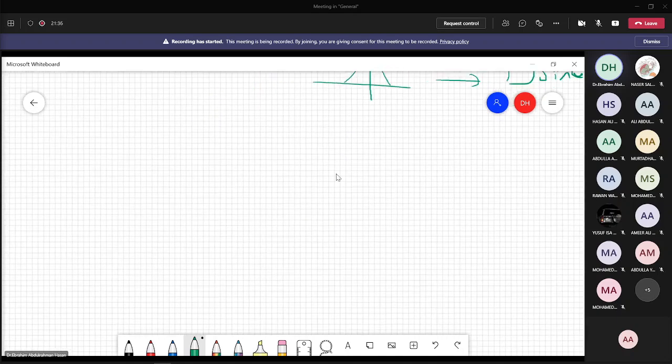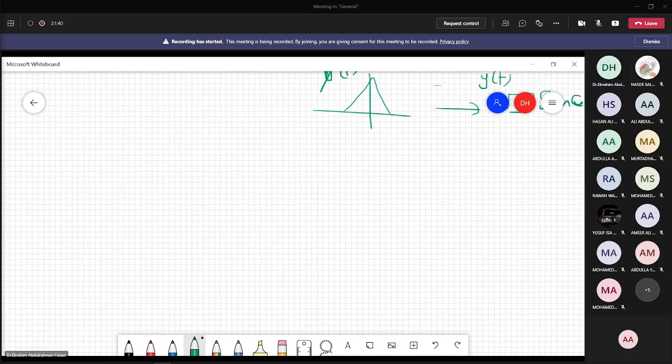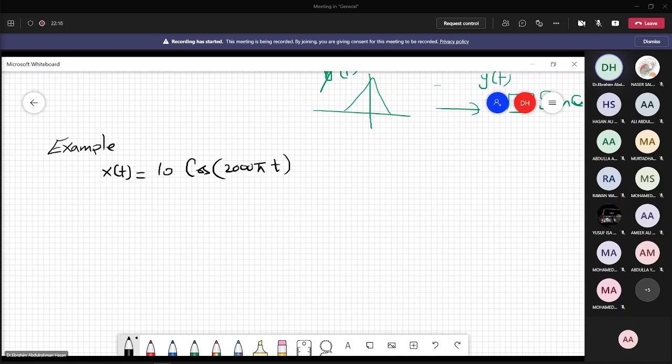Okay, let's take two numerical examples. Example: suppose x of t equals 10 cosine 2000 pi t, and it is sampled.